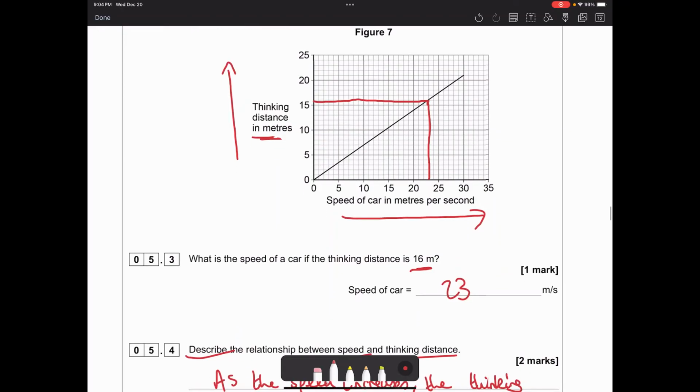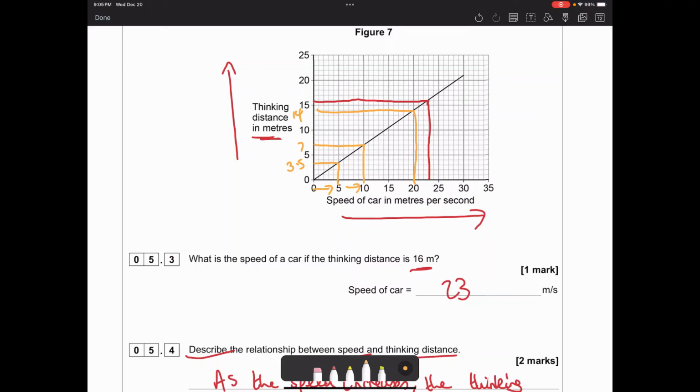Then, to get the 2nd mark, and this one is quite challenging for a foundation paper, you've got to spot the overall pattern. Now you've got a straight line going straight up from the origin. What that then means, if I pull off some readings, so 10 gives me 7, 20 gives me 14. So what I can see here is that it's doubling. If I went to 5, I can see it's 3.5.